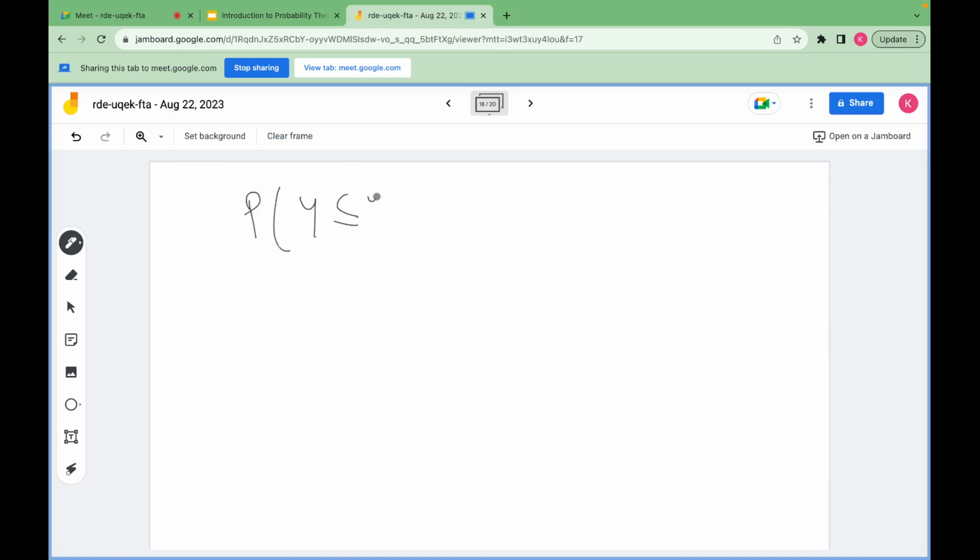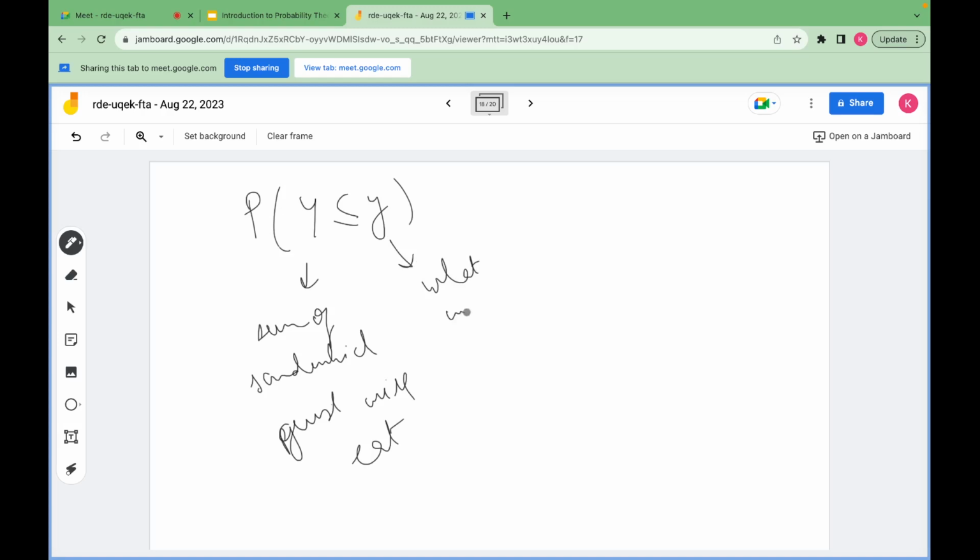This is the sum of sandwiches the guests will eat, and this is what we plan to make. We want this probability to be 0.95, that we will make more than what the people will eat, then only we will not go under any shortage.